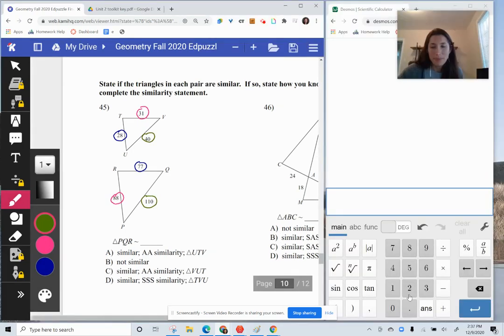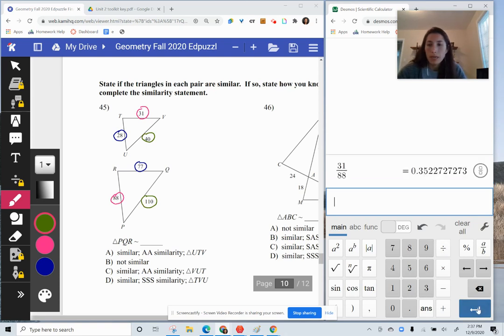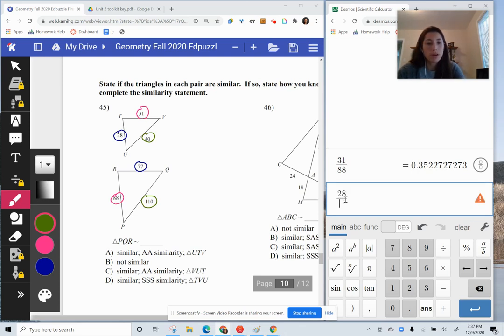Now, using your Desmos scientific calculator, we've got the smallest side divided by the smallest side. Those were the pink sides, 33, 31, and 88. And then keeping this open in your Desmos scientific calculator so you can look at all the numbers at the same time and compare them. We've got 28 and 77.